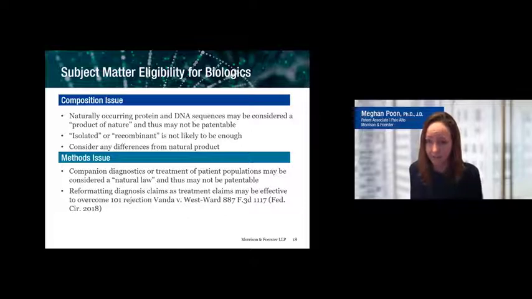Isolated and recombinant, just tagging that on is most likely not enough. So for example, insulin, can you get a patent on the amino acid sequence of insulin? No. Not only is there a prior art issue here as well, but just in general, no, because that is a product of nature. And just saying isolated insulin is also probably not going to be enough.